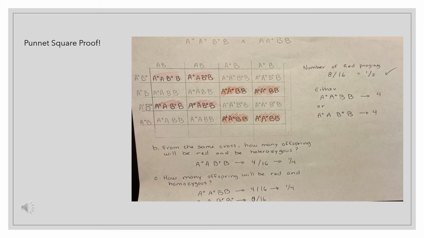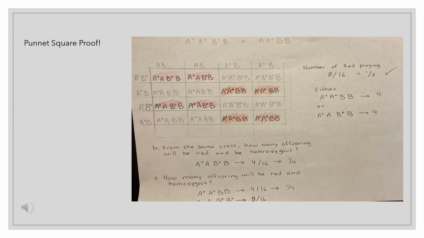This part is just extra. I like seeing Punnett squares because the letters can get confusing sometimes with the symbols. So what I did here is I took both genotypes of the parents and I made a dihybrid cross. And as you can see, the first genotype, the A plus A, B plus B, happens 1/4 of the time.